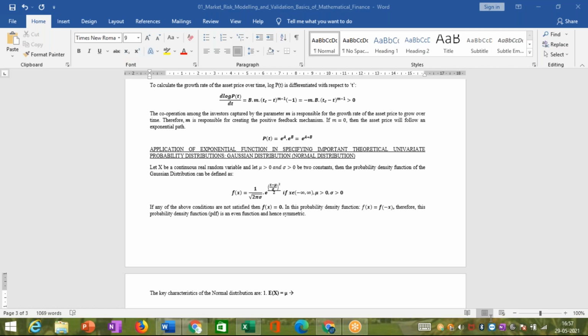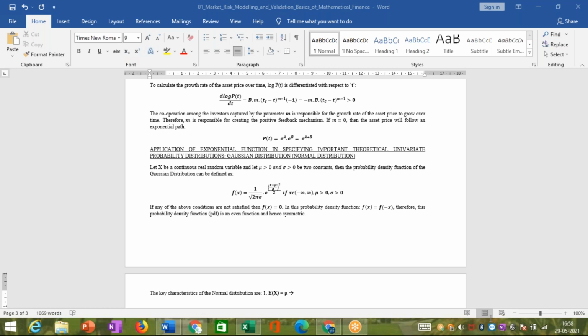The implication is that when you say the expectation is constant, a better way to say this is that a normal distribution has a constant mean, right?